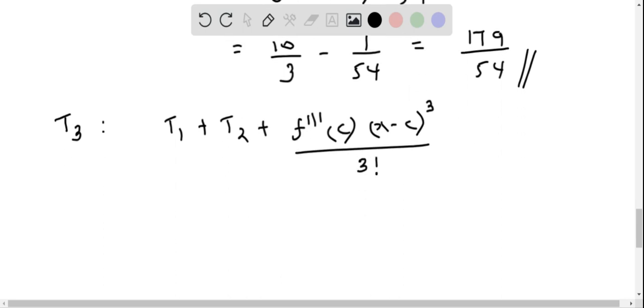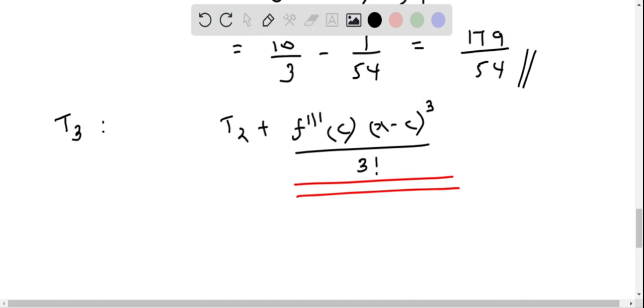So let's calculate this portion. Once we know this portion, we can evaluate this T3. It is not T1 plus T2. This is just T2 plus this quantity.